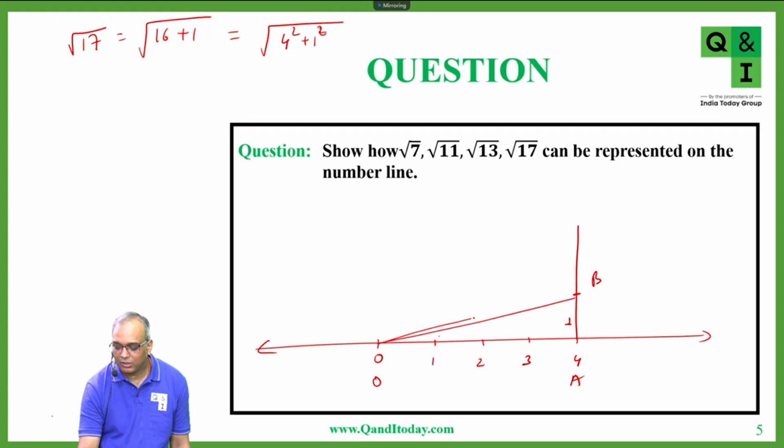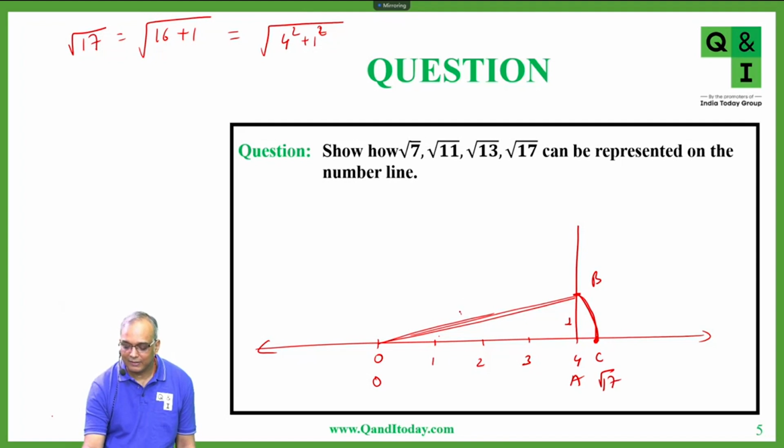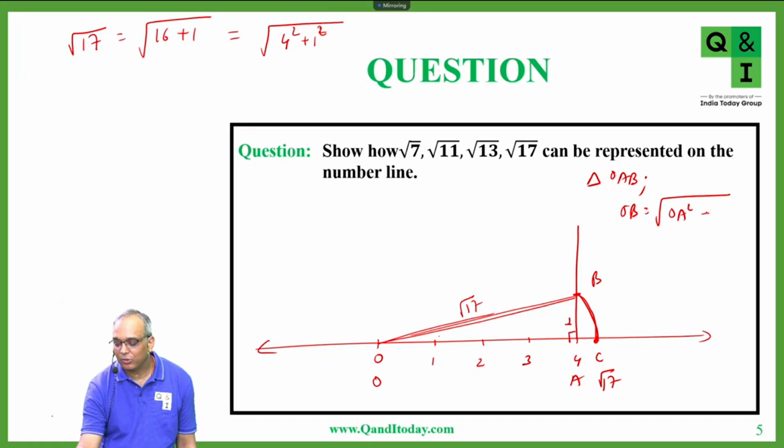Once we have drawn this line OB, we'll make an arc here. Where this arc cuts the number line, this point is C, which is represented as root 17. Basically in this triangle OAB, we have OB equal to, by Pythagoras theorem, root of OA square plus AB square.